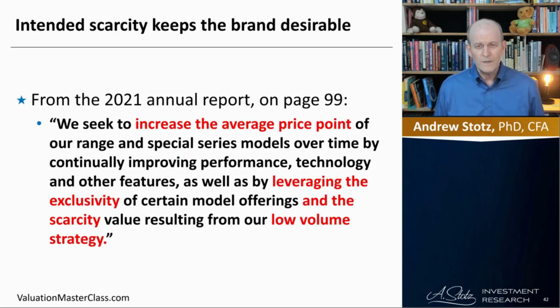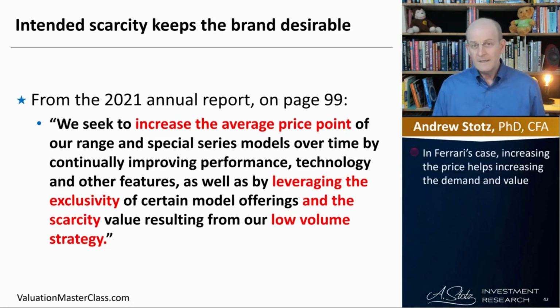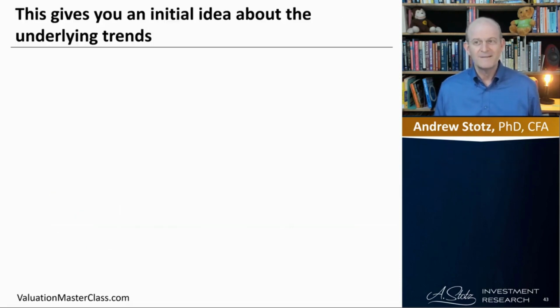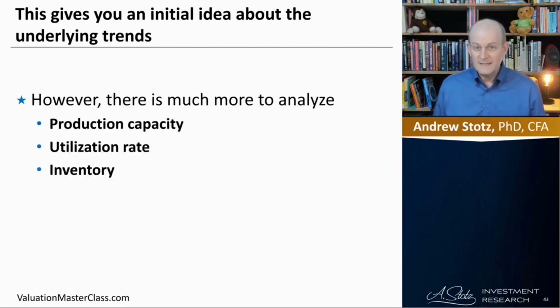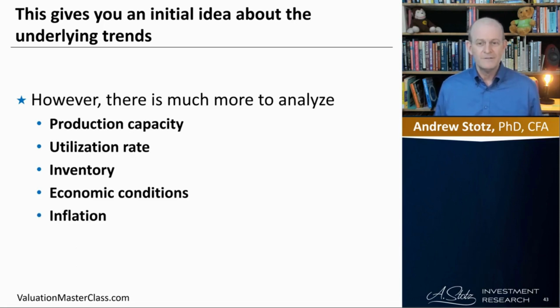From the 2021 annual report, they say, we seek to increase the average price point of our range and special series models over time by continually improving performance, technology, and other features, as well as by leveraging the exclusivity of certain model offerings and the scarcity value resulting from our low volume strategy. In Ferrari's case, increasing the price helps increase the demand and value. This gives you an initial idea about the underlying trends. However, there's much more to analyze, like production capacity, utilization rate, inventory, economic conditions, inflation, and many others.